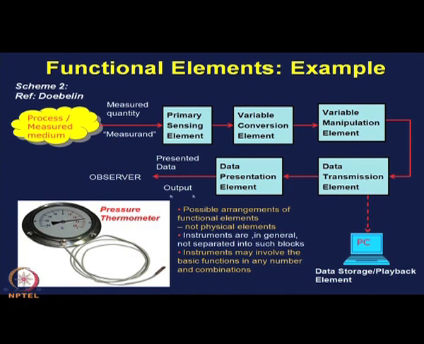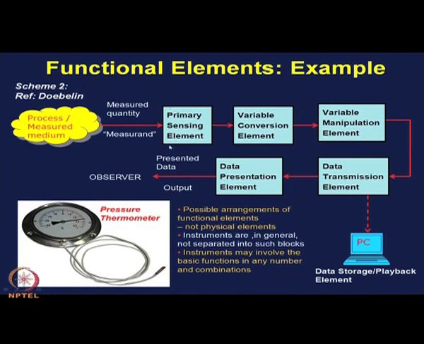This block diagram represents all possible functional elements that you can expect to see in an instrument if you want to analyze it. This is the process or measuring medium. We call this measurand.